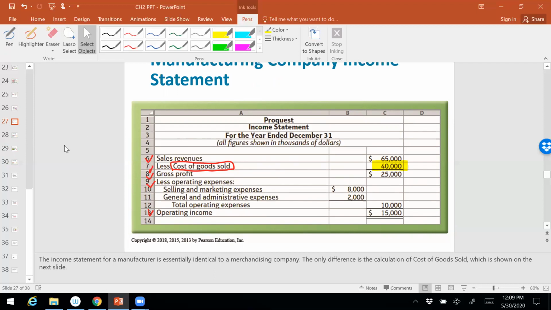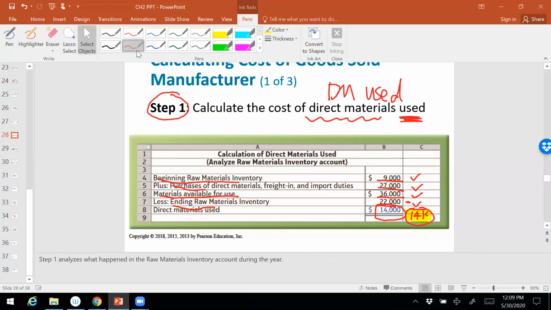One more time, how do we get our income statement for a manufacturing firm? First, we need to focus on raw material. We have a beginning, we plus purchases, we get available to use, we get raw material used. Okay, so this is the first step.